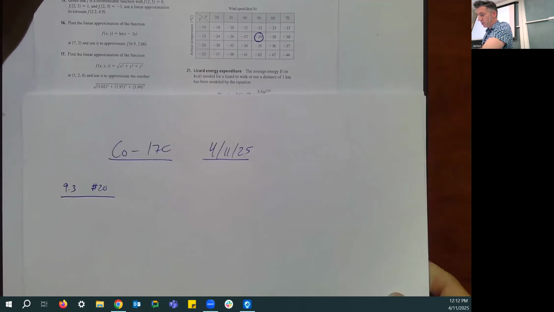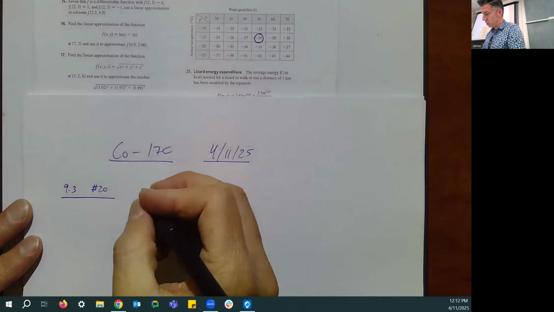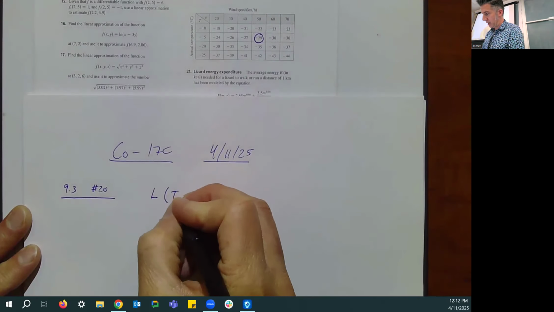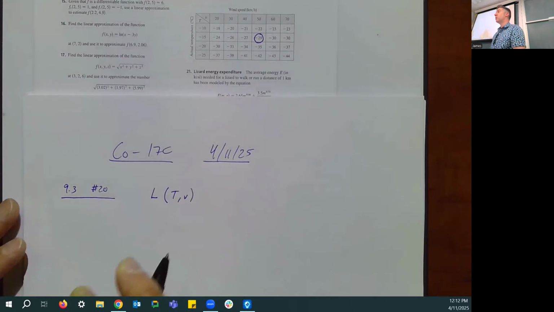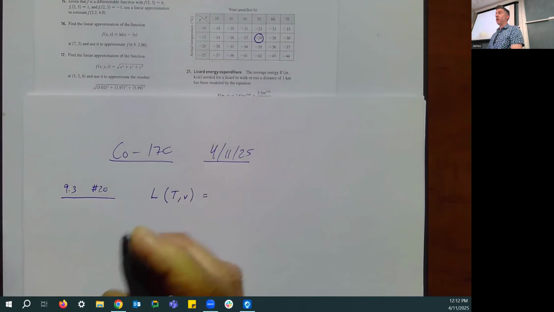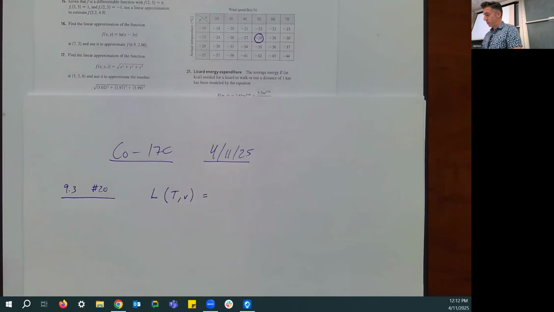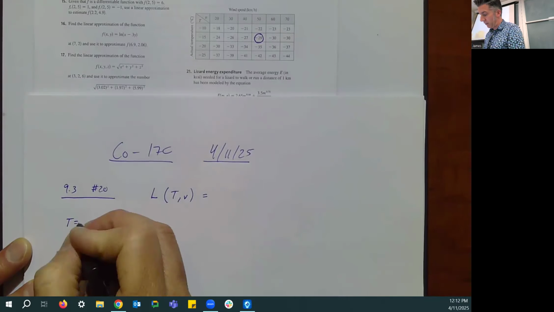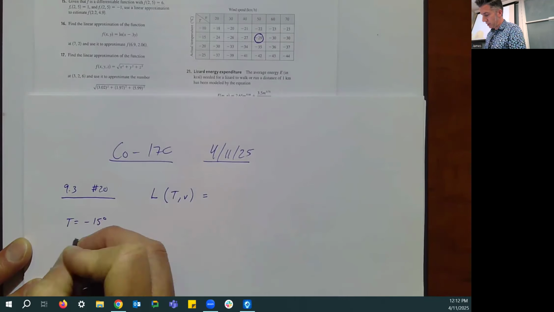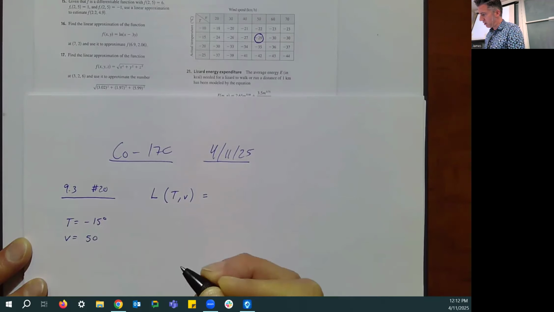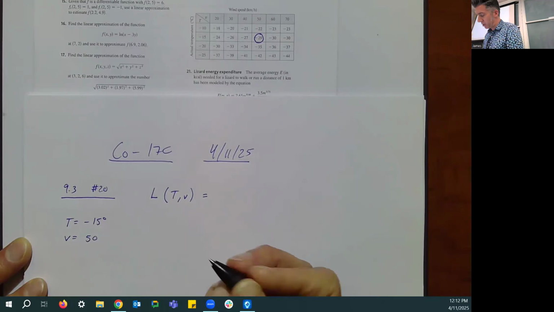Okay. So to find the linearization, and our variables instead of x and y are t and v, it's the usual deal, right? It's the function evaluated at the input they're giving us. And I should point out that we're looking at a temperature of negative 15 degrees and a velocity of positive 50 kilometers per hour.